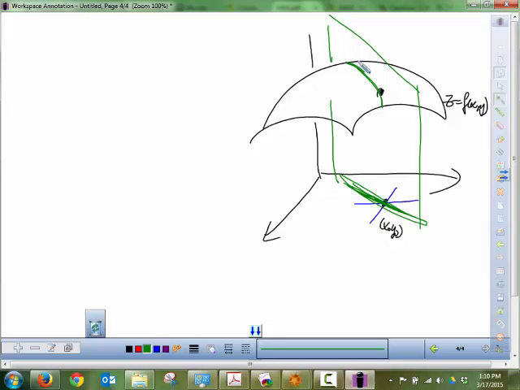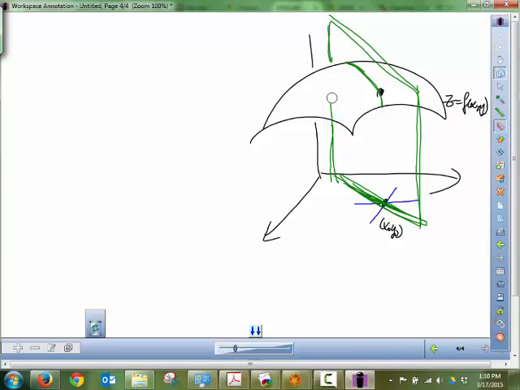See that picture? This is my plane. Let's see if we can be precise with the picture. This is the plane that we're using to cut the surface. This is our resulting curve after we cut the surface.